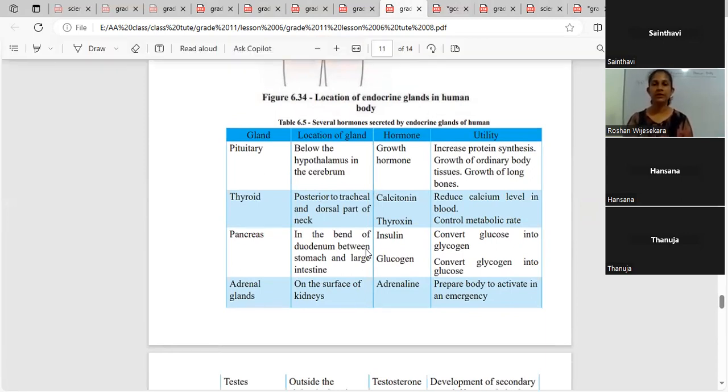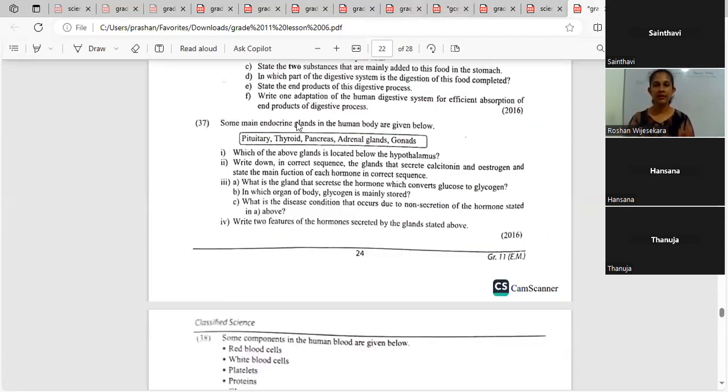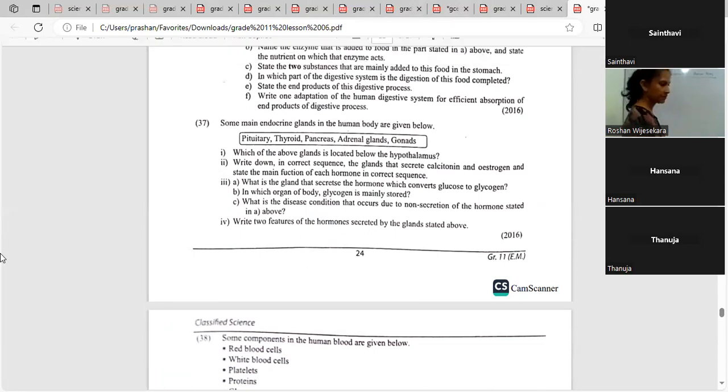Most of the questions come from this table. Glands are there. Which of the above glands is located below the hypothalamus? That is the first question. The answer is pituitary. The pituitary gland is located below the hypothalamus. Pituitary gland is the first correct answer.